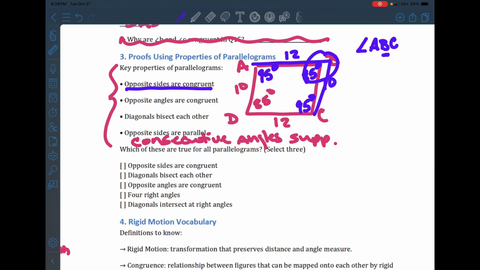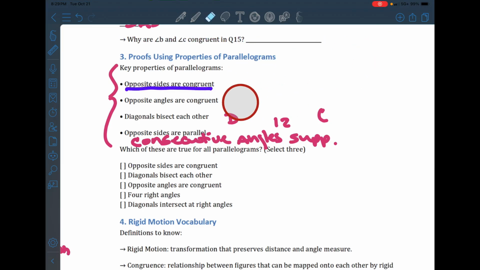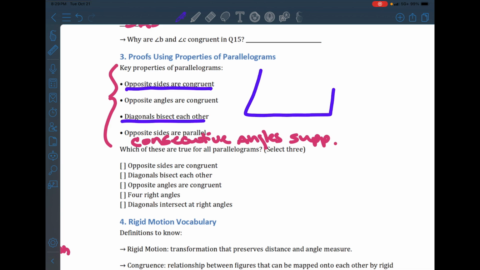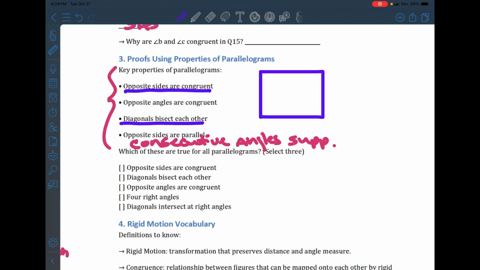Okay, let's go ahead and talk about our diagonals bisecting each other. So if I have a parallelogram, because I say it's a parallelogram no matter what kind it is, a rhombus, a square, a rectangle, just a general parallelogram, and we're talking about our diagonals, that means they bisect each other.